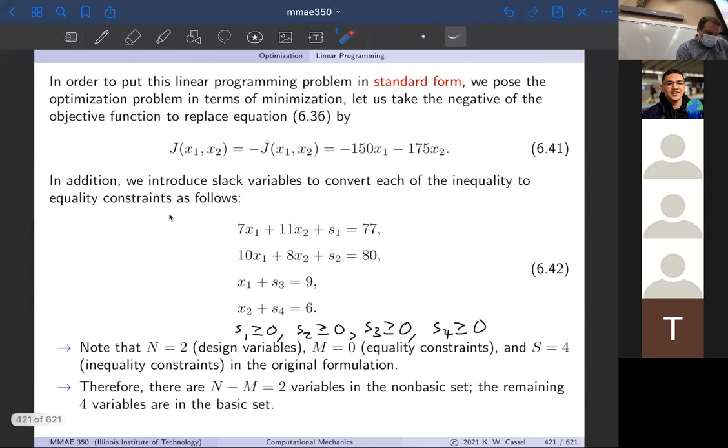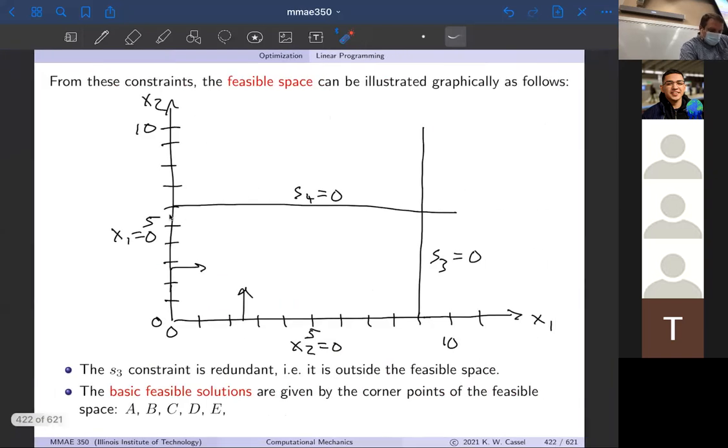So if I go back to this form, x1 is less than 9. If x1 is equal to 9, then that means S3 is equal to 0. Are we confused yet? So this line corresponds to S3 is equal to 0. So it has to be to the left of that because it has to be less than or equal to that.